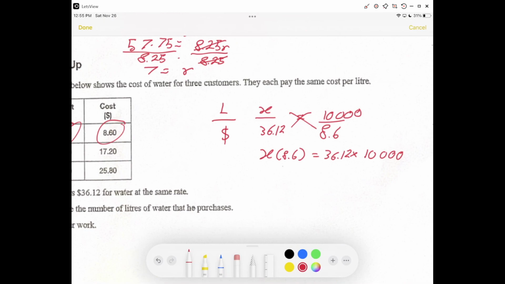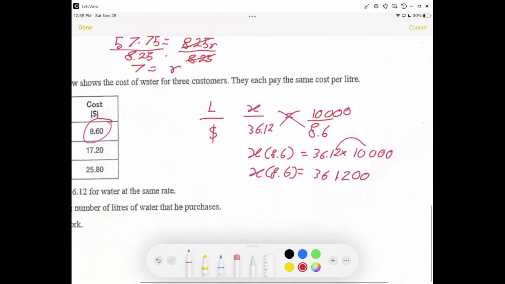Now, let's multiply these two together, and we get 361,200. So this is our answer.